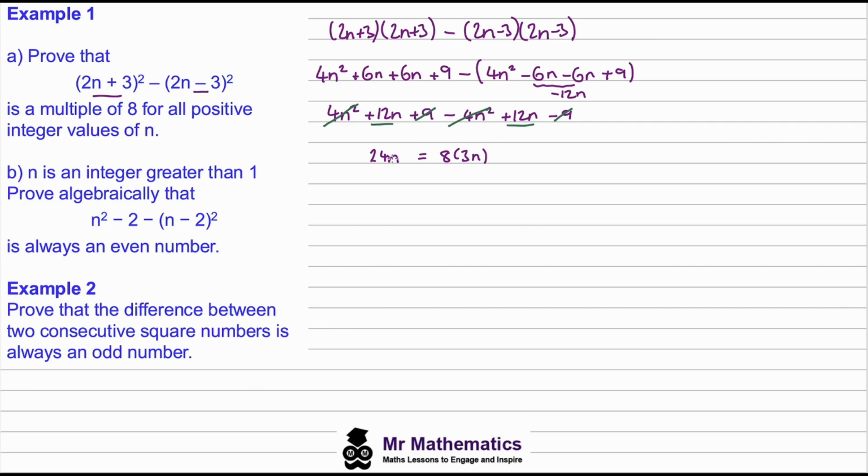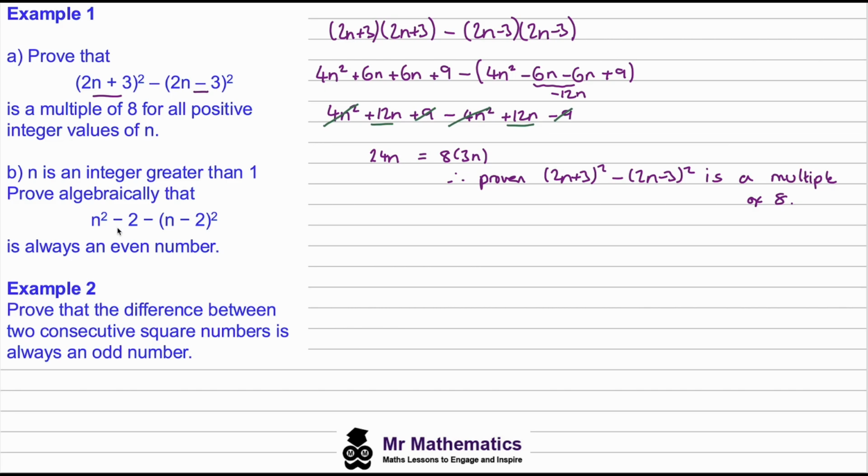The 8 times the 3 will give us 24. So we can say, therefore, we have proven that (2n plus 3) squared minus (2n minus 3) squared is a multiple of 8. It's really important when you do have a mathematical proof to include a written statement at the end.